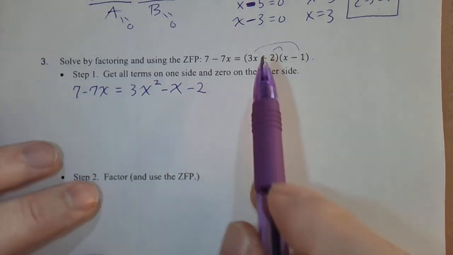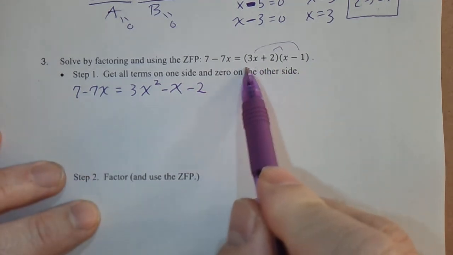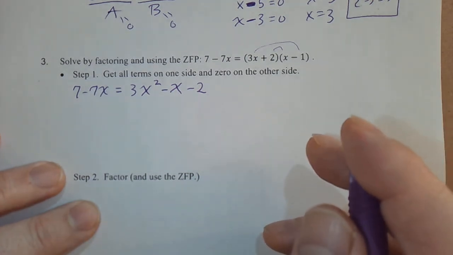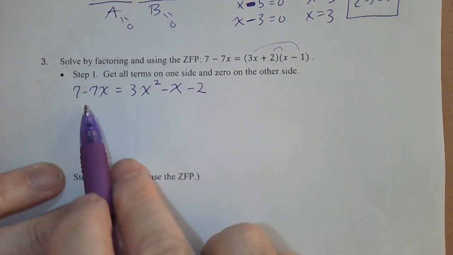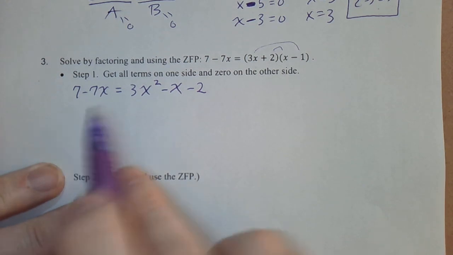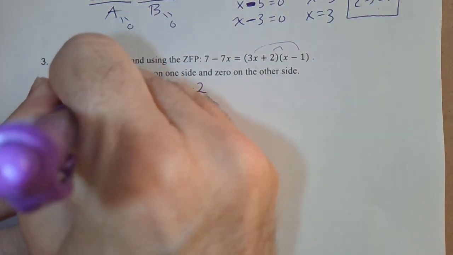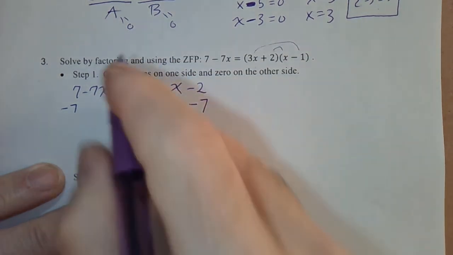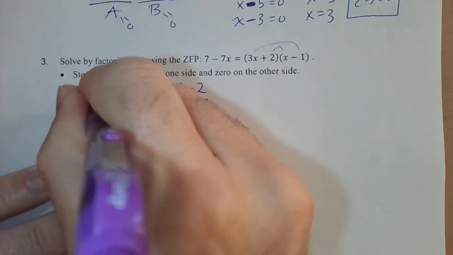So far, all I have done is FOILed out the right-hand side. And now I need to get 0 on one side. So let's get 0 on the left in this case. So I'm going to do 2 things in one step. I'm going to subtract 7 from both sides, and I'm going to add 7x to both sides.